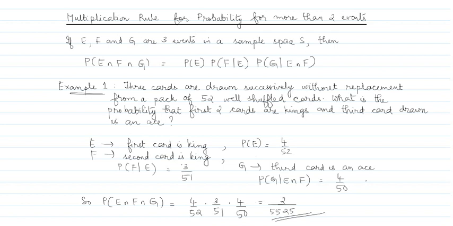Okay, so you can write this multiplication rule for as many events as possible. If you have a fourth event, say another event H also, then you can write this probability as P of E intersection F intersection G intersection H, and that would be P of E times this term times this term times P of H given E intersection F intersection G, because you are given that all the 3 events have occurred and you are looking at the probability of the 4th event to occur.